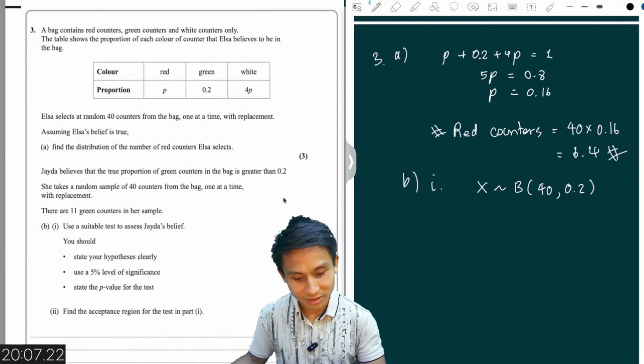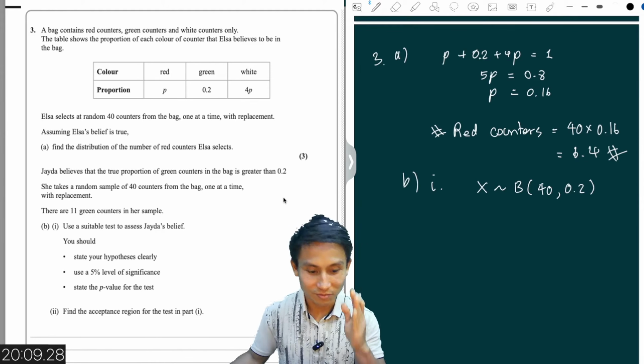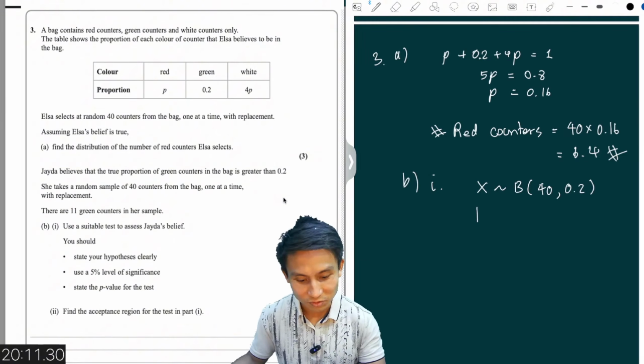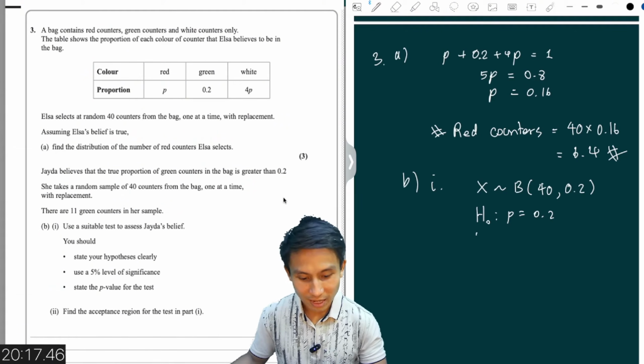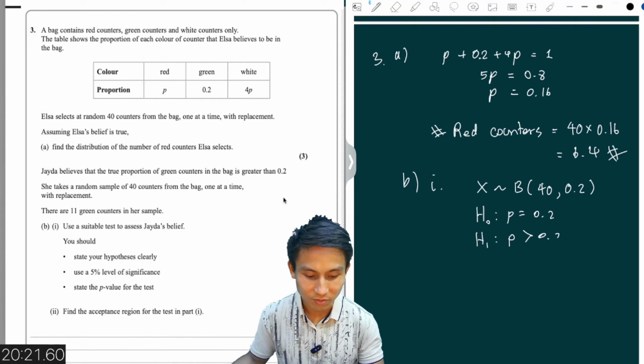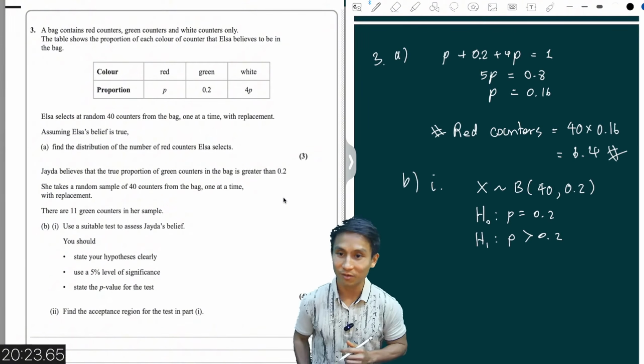And because Jada's belief is this being greater than 0.2, the null hypothesis is the assumption. We have to assume that p is 0.2 first for the green, and the alternative would be p greater than 0.2 because she believes that, right?